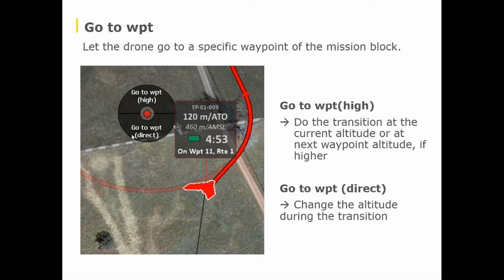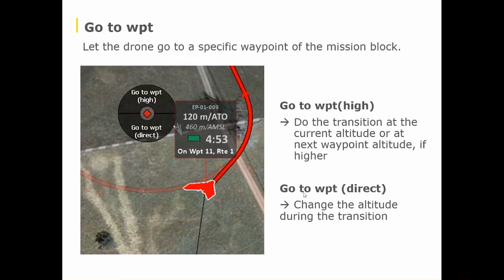When you right-click on one waypoint, you have two options. Either go to waypoint high, where the drone will do the transition at its current altitude, or at the next waypoint altitude if it's higher. This is the safe way, just to make sure that you go to the highest altitude possible between your position and the next waypoint.